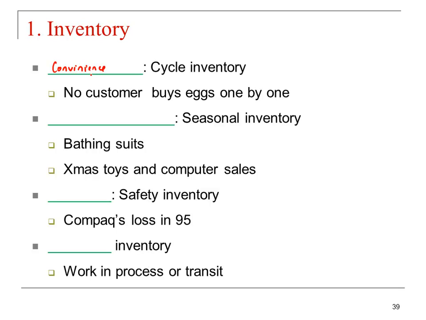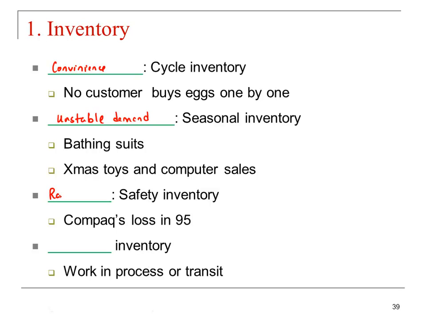Also, for instance, no customers will buy one by one, so you have to provide the right package to your customers. Plan for unstable demand, taking into account the seasonal inventory that includes, for instance, bathing suits, Christmas toys, Christmas decorations, and so on.